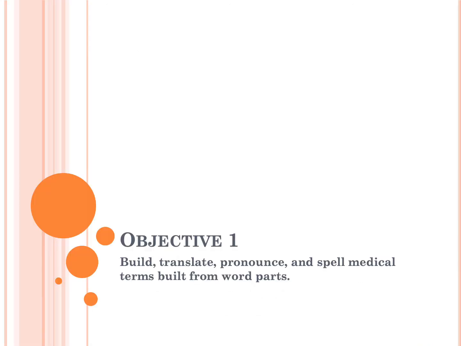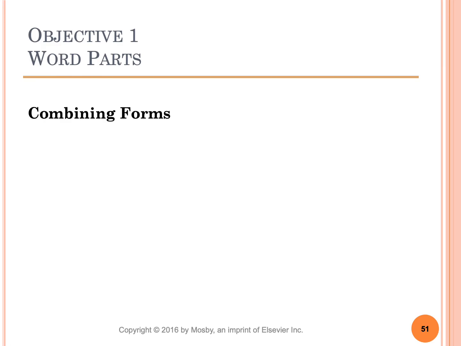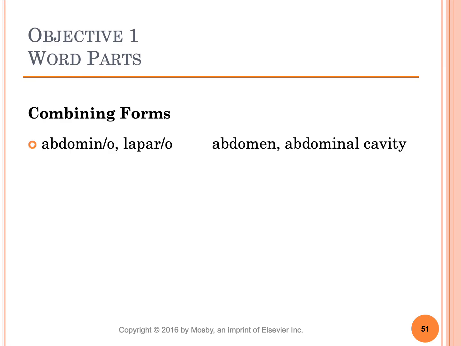All right, let's look at some terms. So the first combining form is abdomino or laparo, and both of those refer to the abdomen or the abdominal cavity. Now, ano sounds a lot like anus, which is helpful.